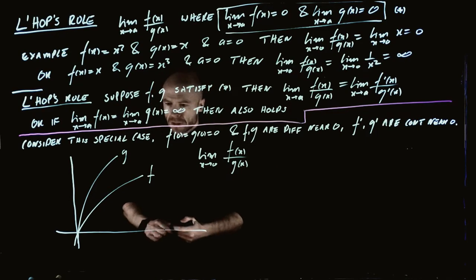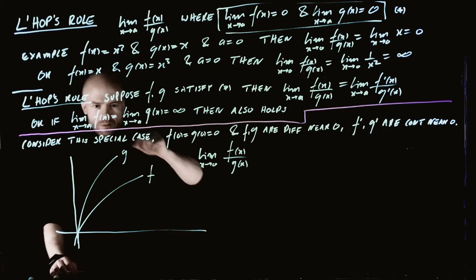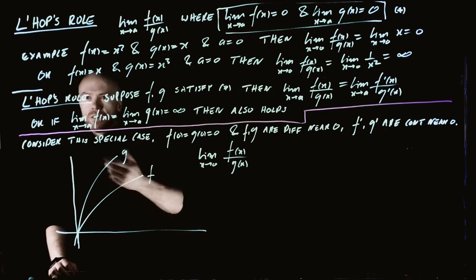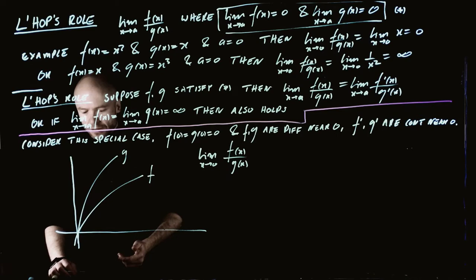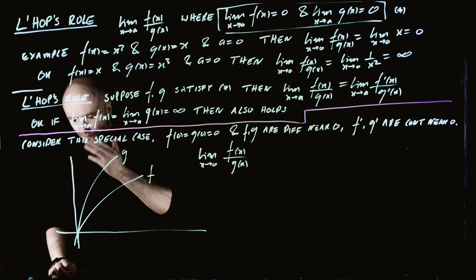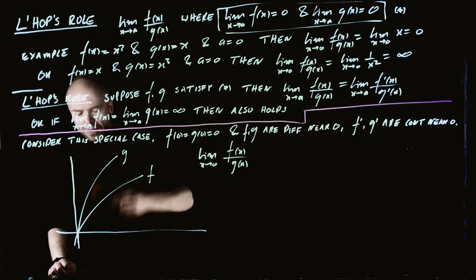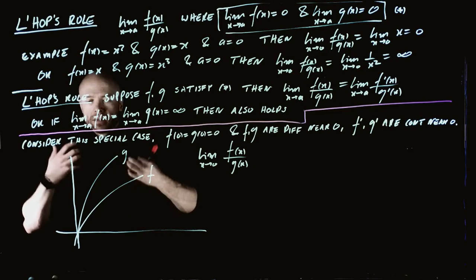And we see that both f and g tend to 0 as x tends to 0. That's the assumptions, right?